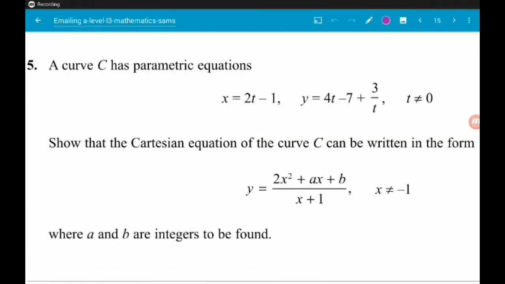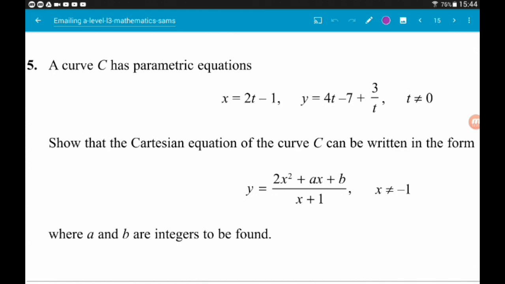Question 5. So we got some fun with parametric equations. Good times. Curve C has parametric equations x is 2t minus 1 and y is 4t minus 7 add 3 over t, where t is not equal to 0.